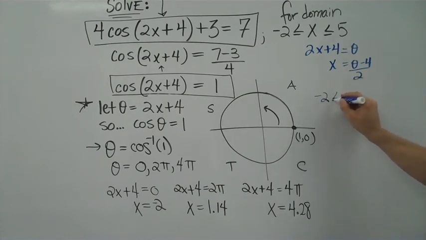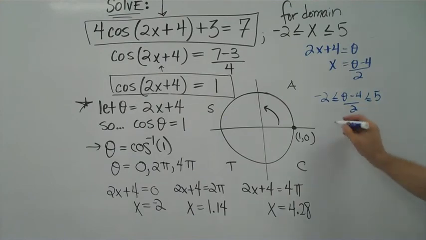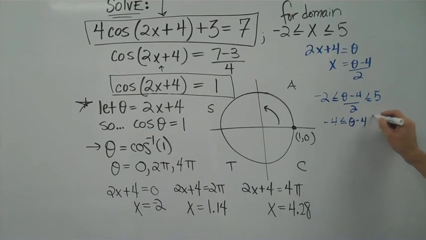Well, if x is equal to this, I can make this statement: negative 2 is less than or equal to (theta - 4) divided by 2, which is less than or equal to 5. I can multiply both sides by 2, and I get negative 4 is less than or equal to theta minus 4, which is less than or equal to 10. I can add 4 to both sides, and I get 0 is less than or equal to theta, which is less than or equal to 14.